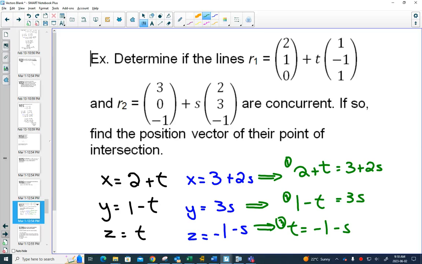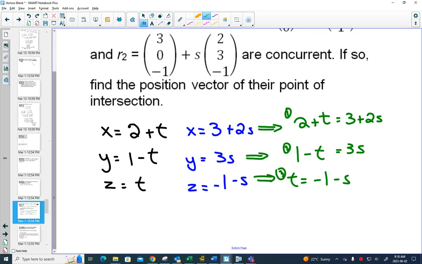Okay, it wouldn't matter which ones. I really think substitution would work nice here because you've already got t by itself, or elimination would work really nice because you could just add equation 1 and 2 or equation 2 and 3 together and things would cancel out. Can you see how adding equations together things would cancel out nicely?